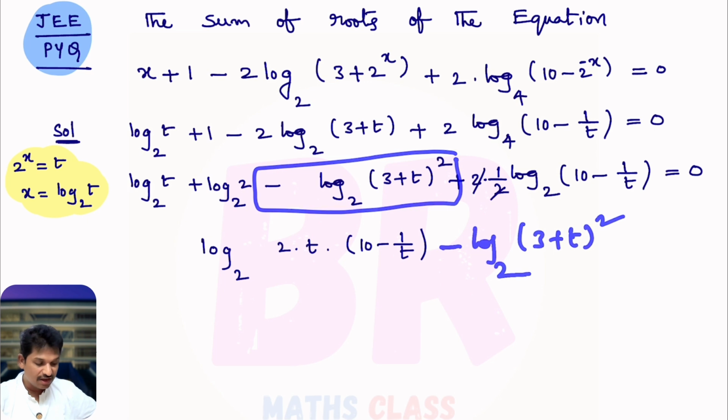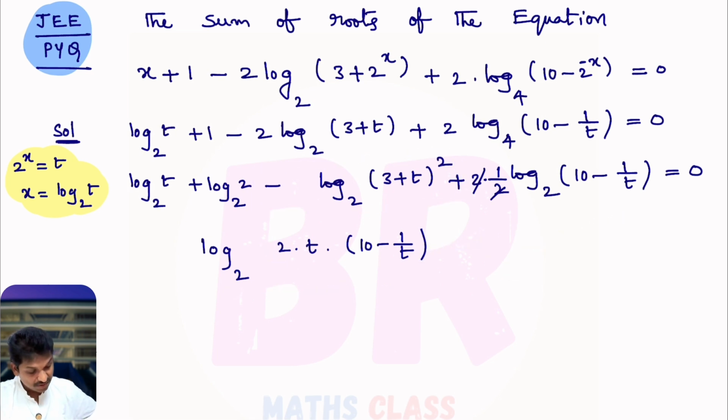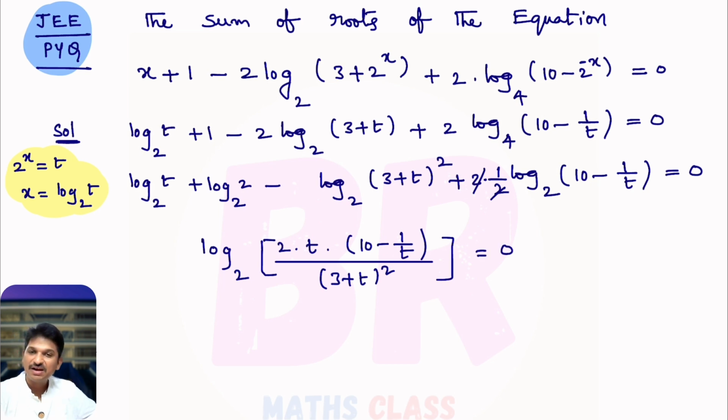This is like log m minus log n. Log m minus log n is log m by n, right? So divided by 3 plus t whole square equal to 0. I hope you are understanding, right? Only this looks to be difficult, but actually it is easy.